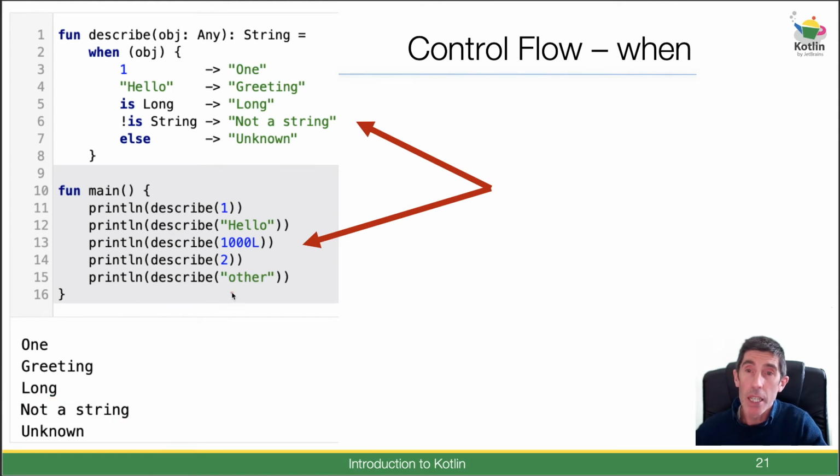And then finally the last one is just the text other, which doesn't match with anything, not the number, not that text, it's not a long, it is a string, so we're not going to match with that. So the only other option is this one here, unknown, and that's what we get printed out there. So again, this demonstrates the different features and the different ways we can mix and match some of this control flow.